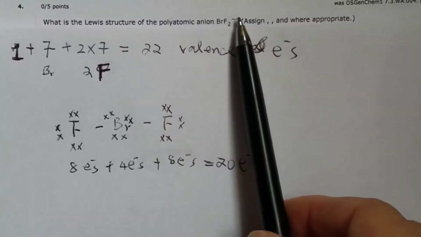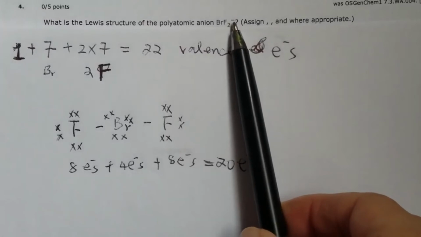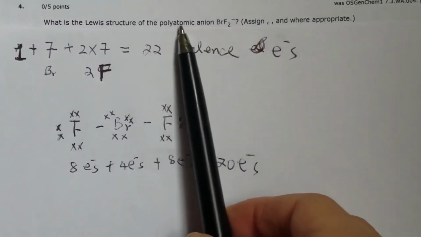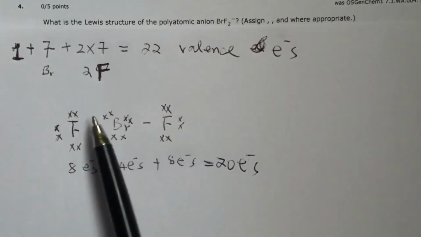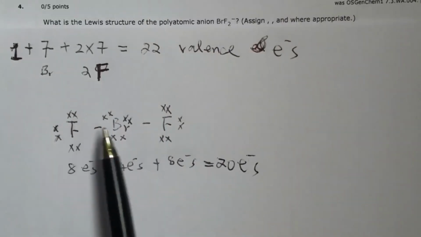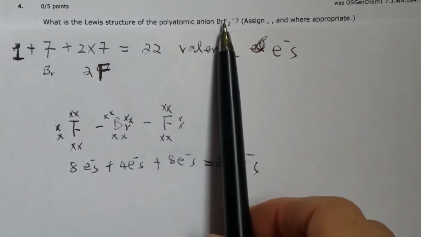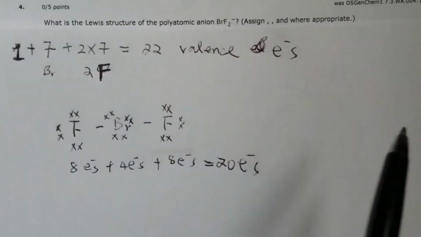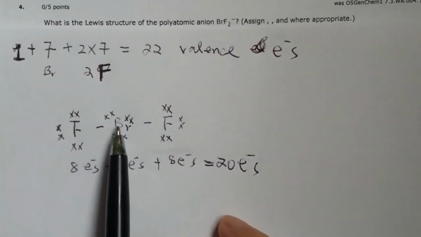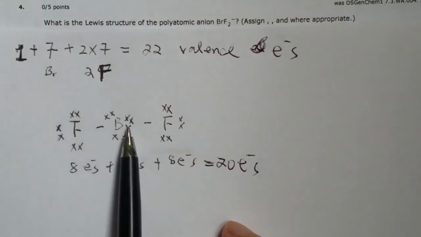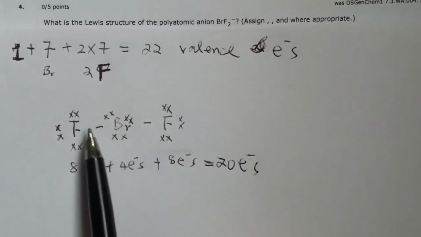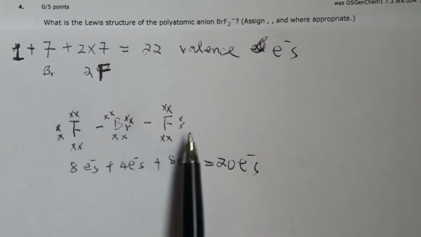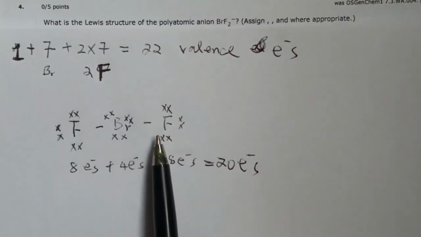What do we do with the minus sign right there? Because it's an ion, we have to specify that. So this is not a molecule, it's an ion, okay? Now let's take a look. Bromine has a total of actually 10 electrons surrounding it, while each fluorine only has 8.